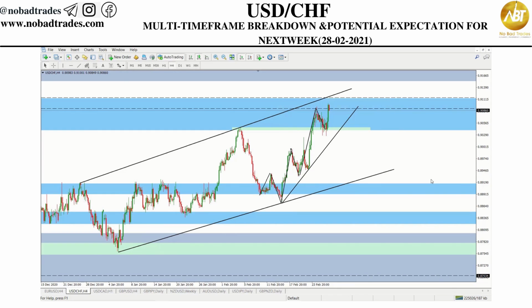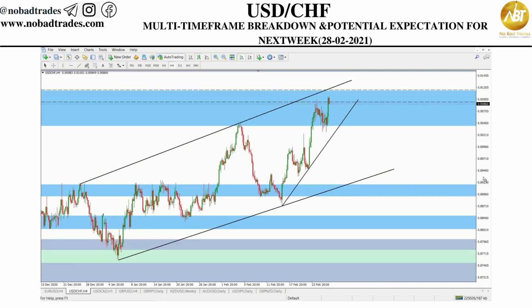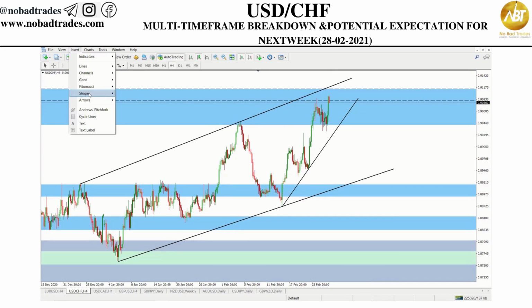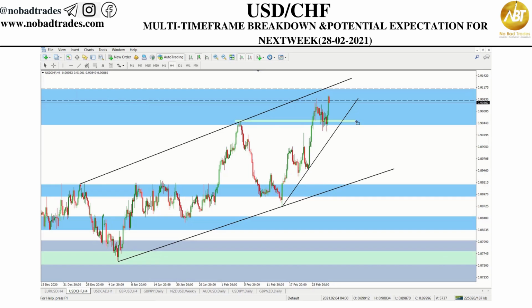If I'm looking for a trade opportunity on this pair, I'm looking at a situation where price breaks this key level down, gives us a little retracement, then continues to break out, and I'll be looking for price to make that move down to this level.